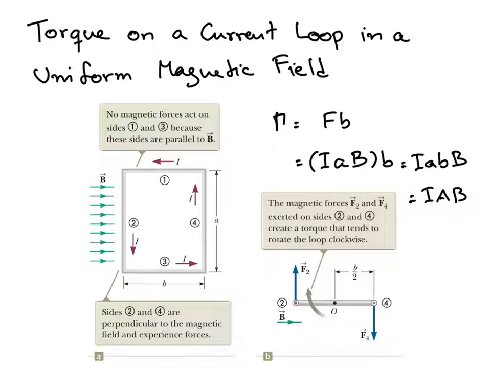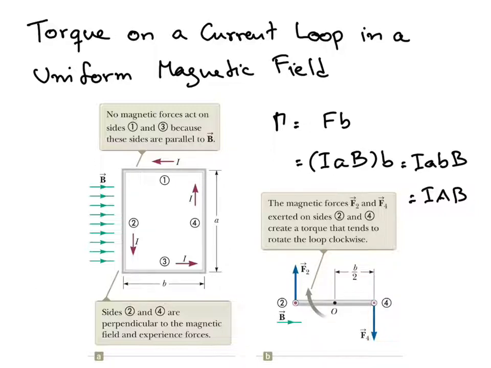This is quite simple. If we look at the simple case where we put the wire loop like this, and the plane of the wire loop is parallel to the magnetic field like this. From the direction of the current, you can see that the current is in the counterclockwise direction.